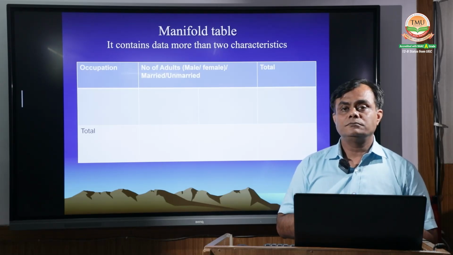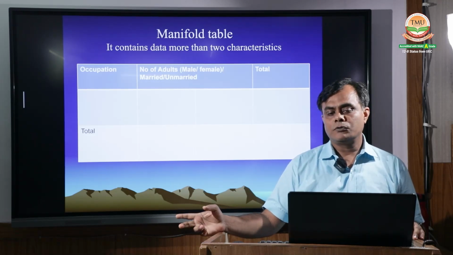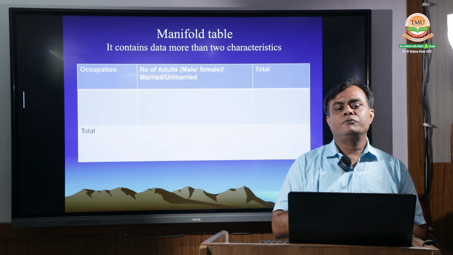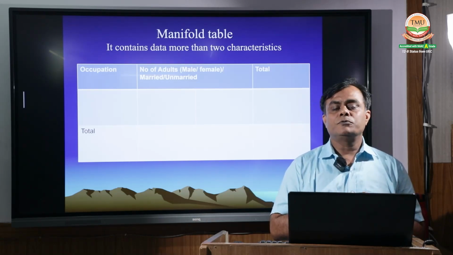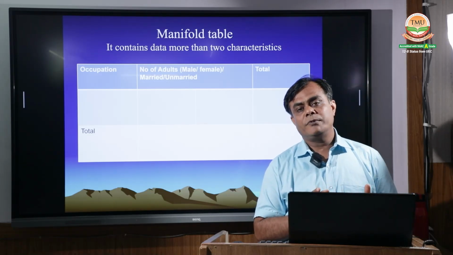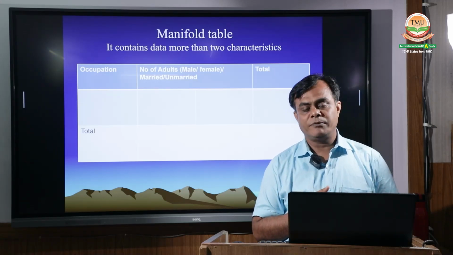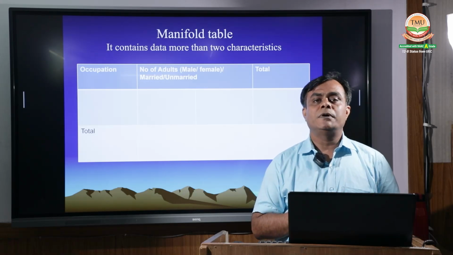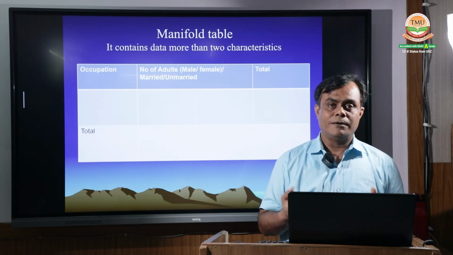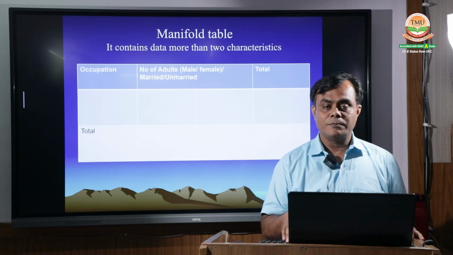So here you can see in this table there are so many characteristics, and that makes the table a manifold table, because one characteristic is occupation, the second characteristic is number of adults, and again the number of adults is divided into male and female, and again male and female are divided into married and unmarried. So in this way the table becomes a manifold characteristic table, and that manifold characteristic makes it a more complex table. As much as characteristics increase in a table, that makes the table more complex.